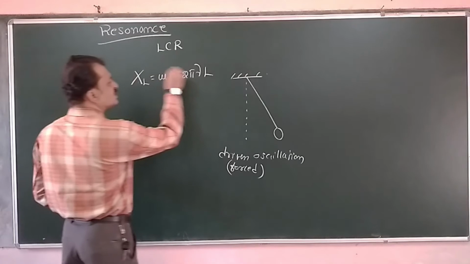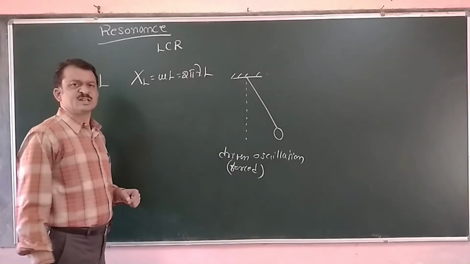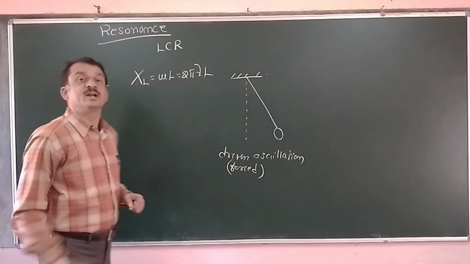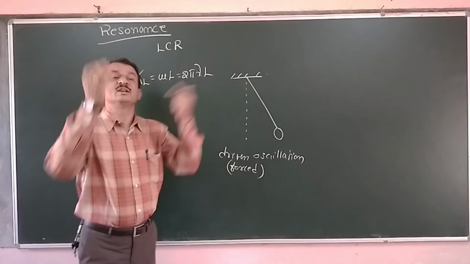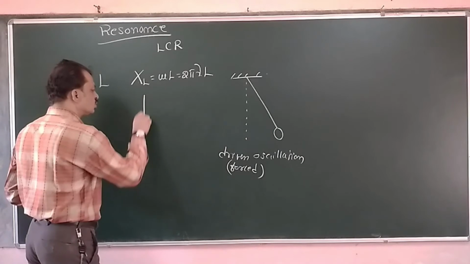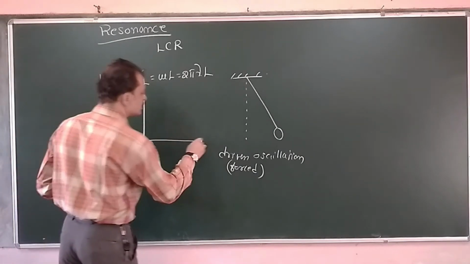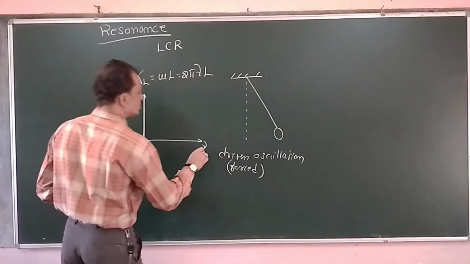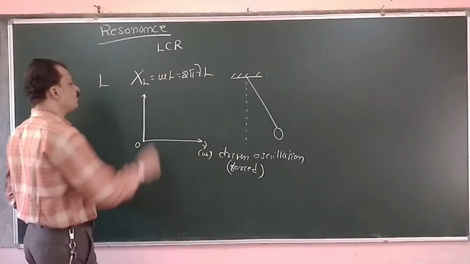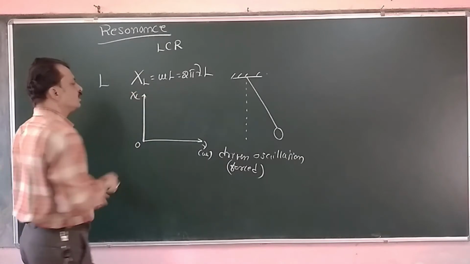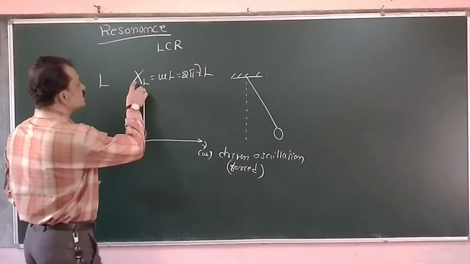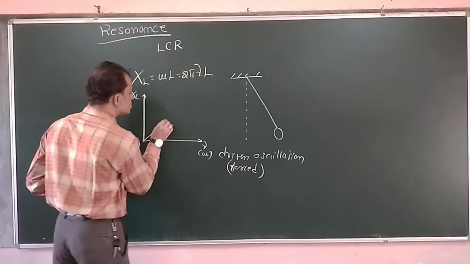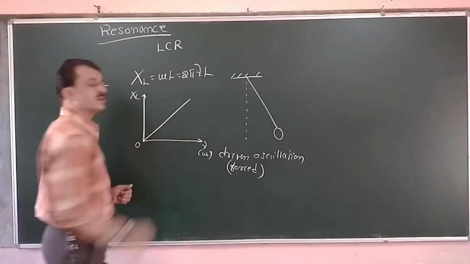Therefore XL is directly proportional to the frequency. As the frequency increases, inductive reactance also increases, as shown by the graph we studied in previous classes. Since it depends linearly on the frequency, it increases linearly.